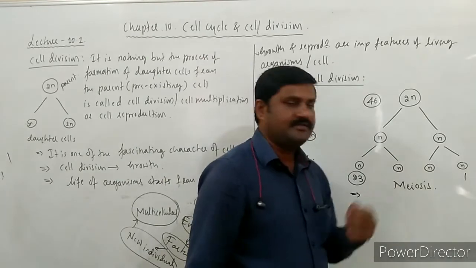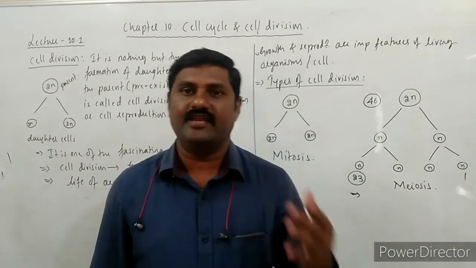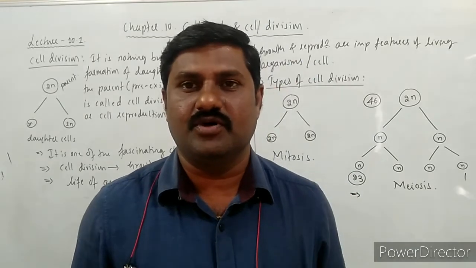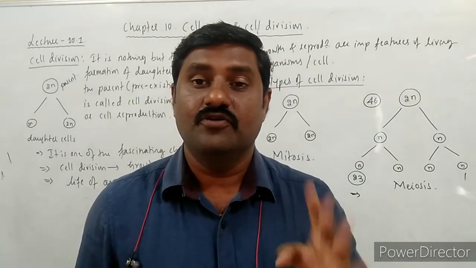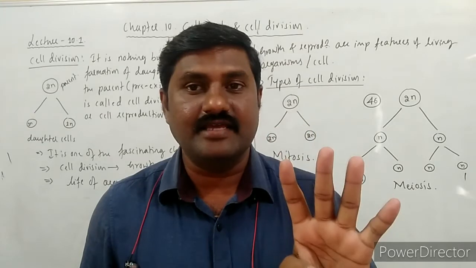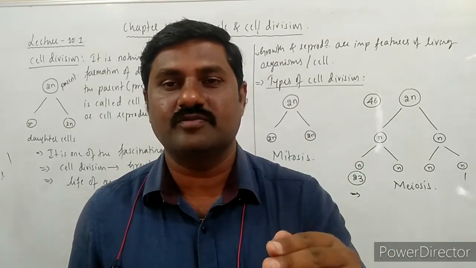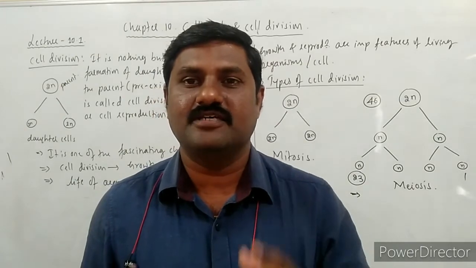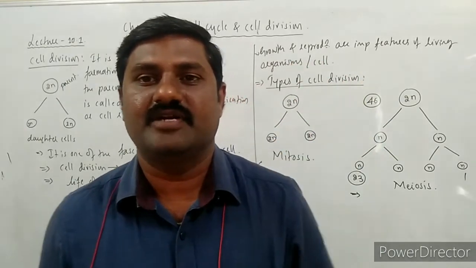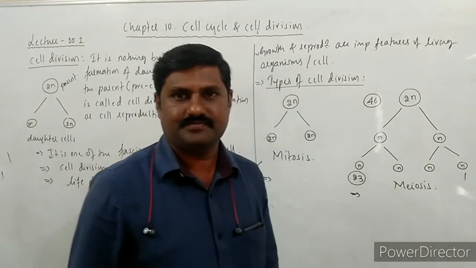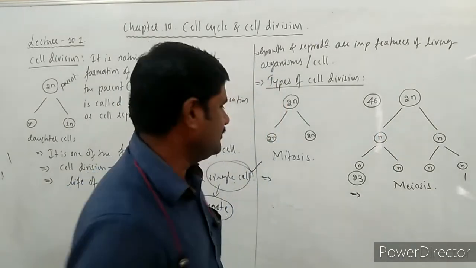And meiosis means it is a type of a cell division in which a diploid cell, a parent cell divides into four equal sized cells having half the number of chromosomes or half the amount of genetical material within them respectively is called as meiosis. Shall we write the definitions?